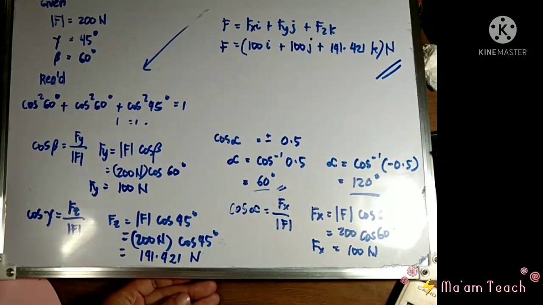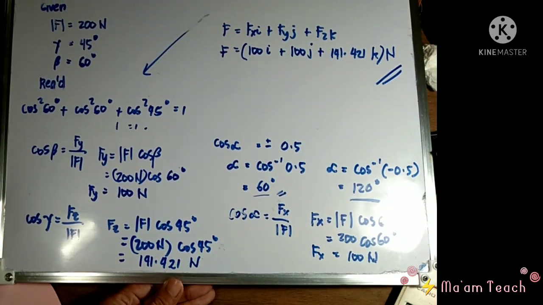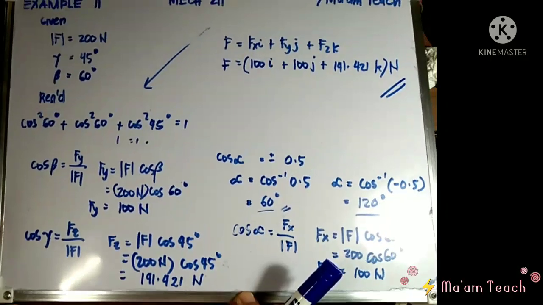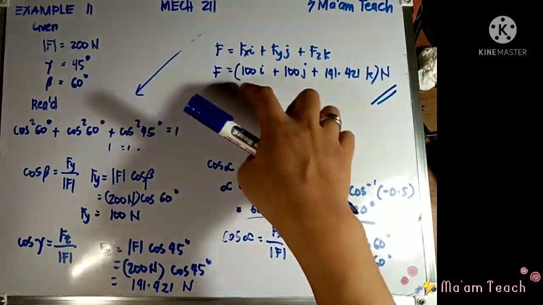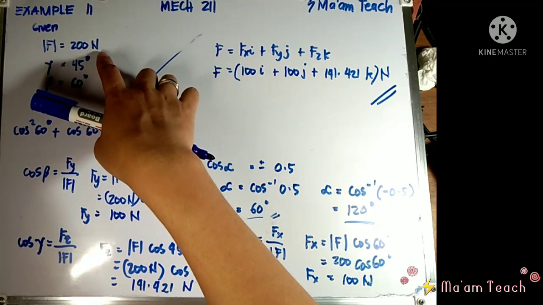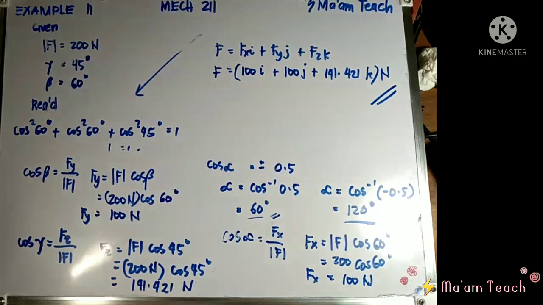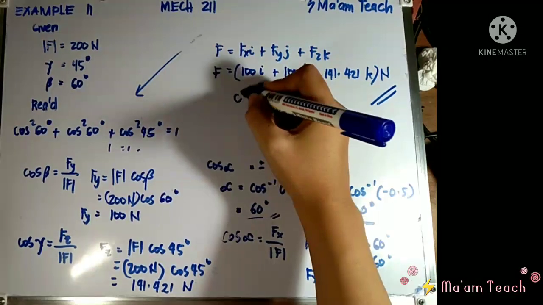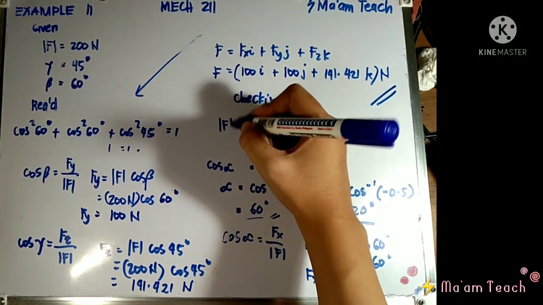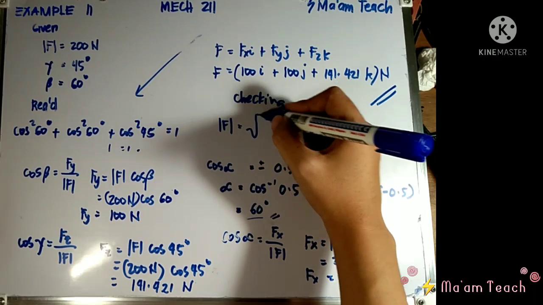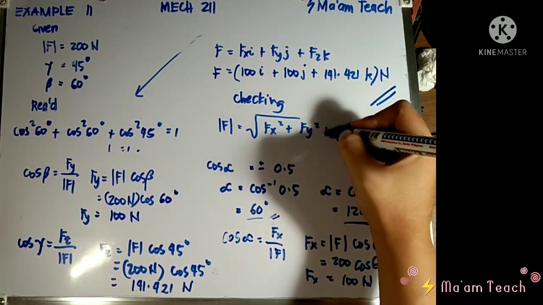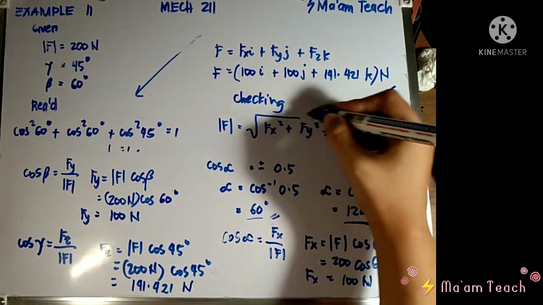Now, how are we going to check if it is correct, class? When we say correct, is our expression correct? Because our given is 200 Newtons. If you want to check it, recall that the magnitude of force is the square root of Fx squared plus Fy squared plus Fz squared.